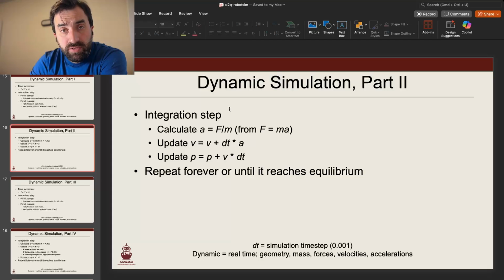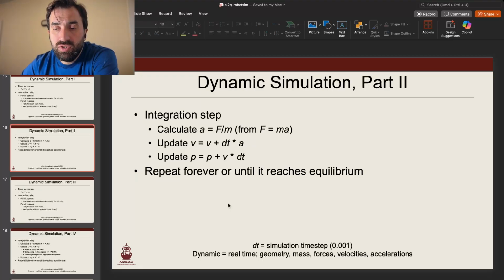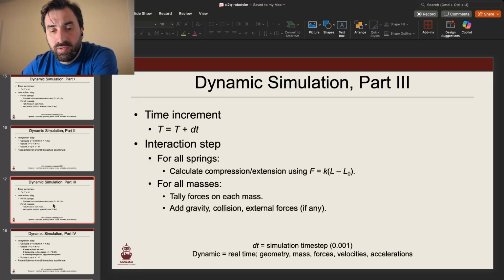You update v, the velocity, by taking the current v plus dt times acceleration. And then you update the position by taking the current position plus v, the velocity, times dt, until it reaches equilibrium. Or just keep continuing doing the steps.